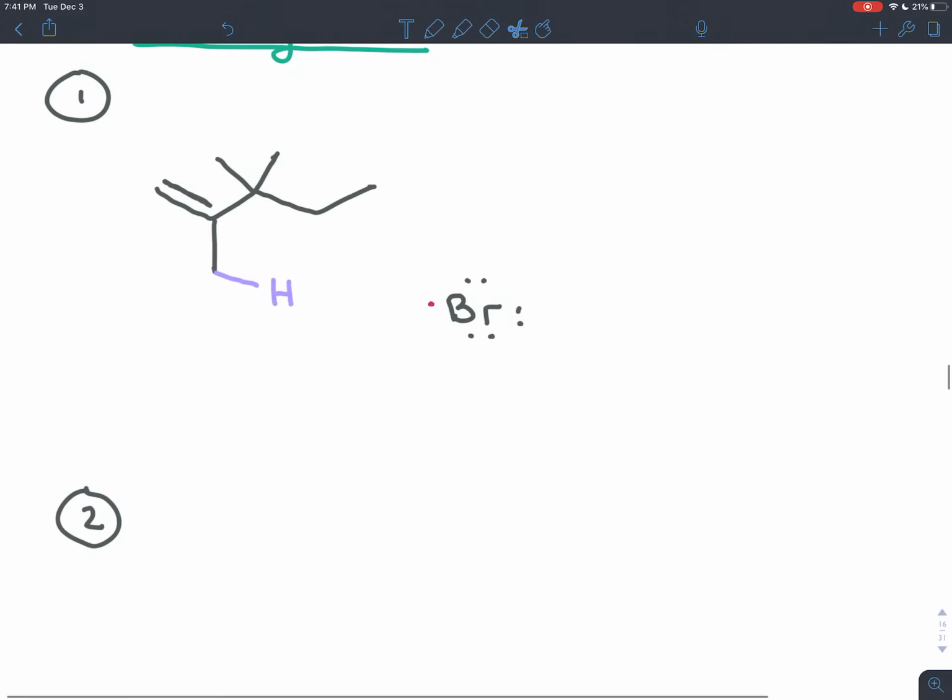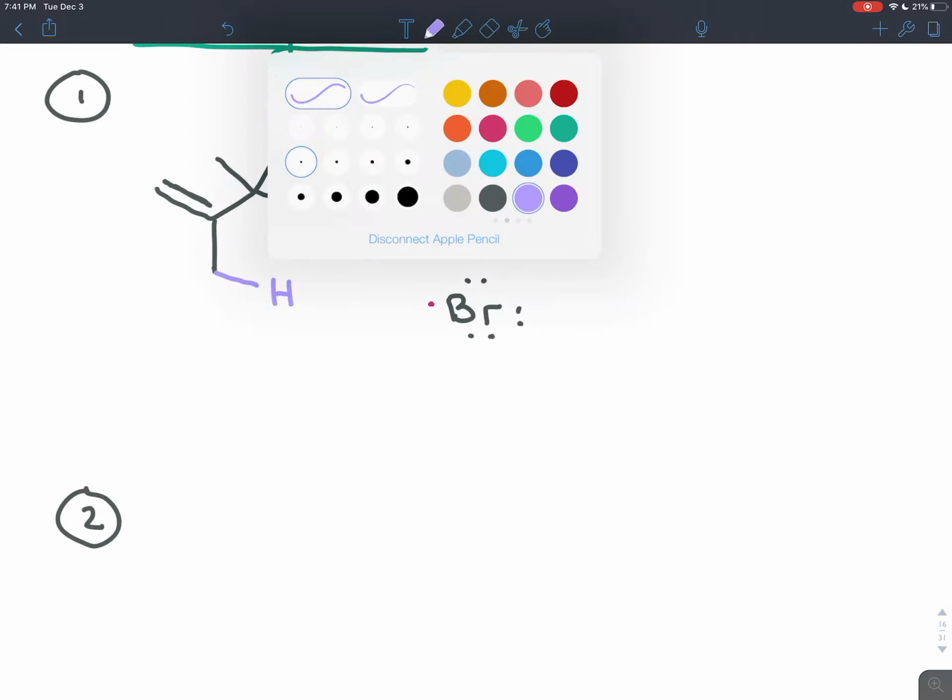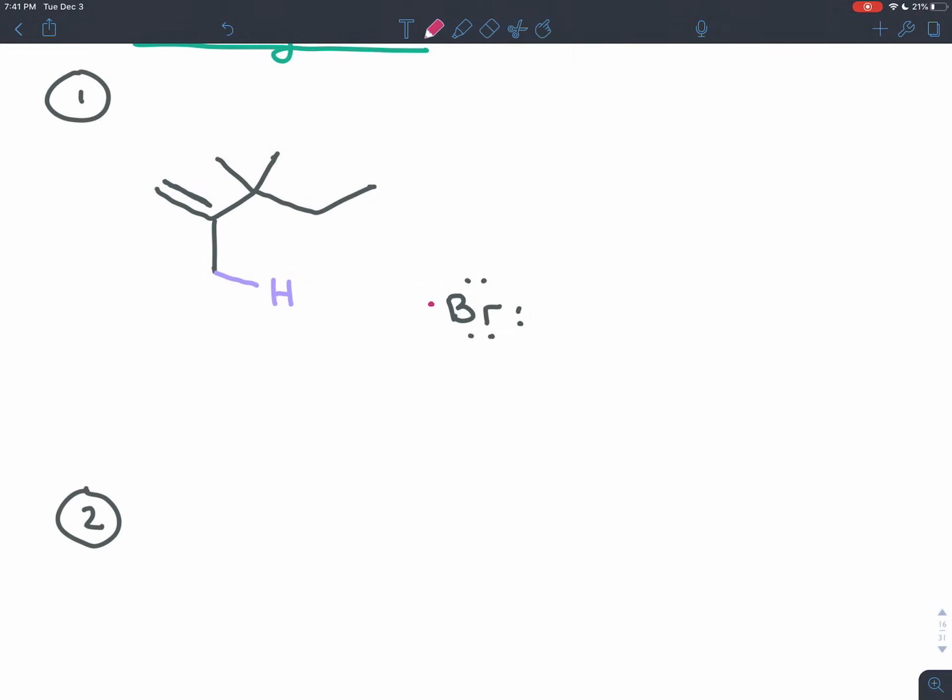So the bromine is going to form a new bond to that hydrogen, and at the same time, the bond that the hydrogen is in will break through a radical mechanism. So the bromine donates 1 electron to the bond, the hydrogen donates another electron to the bond. Notice I use fish hook arrows for that.